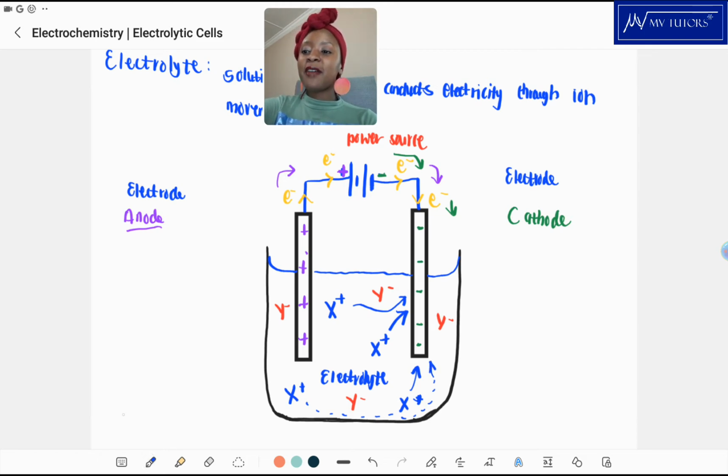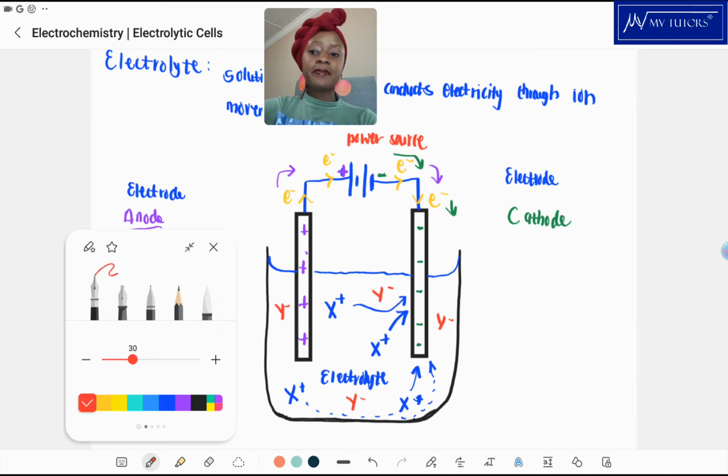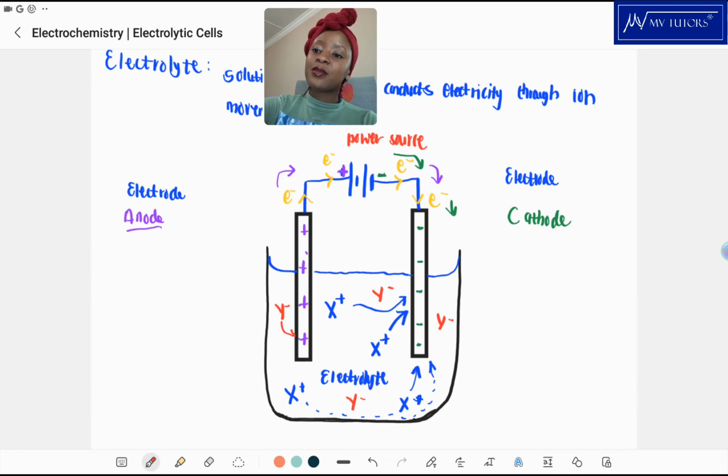And your negatively charged ions, the anions, will attach themselves to the positive electrode, which is the anode in this case. So that's basically what you would have there, and this Y there.